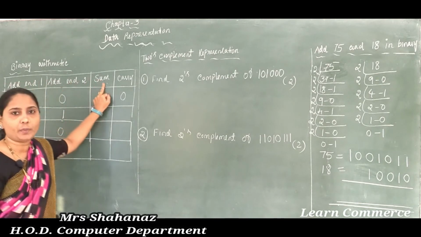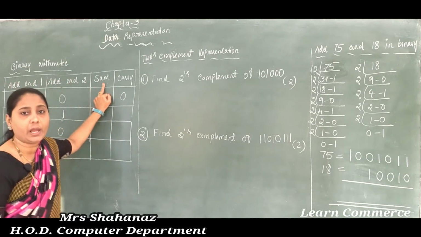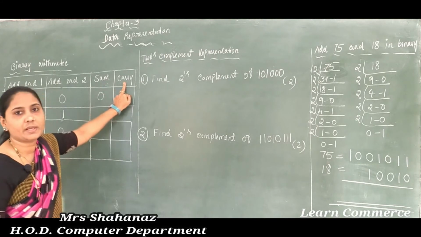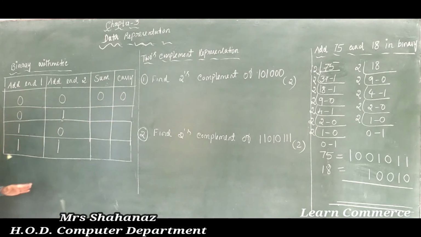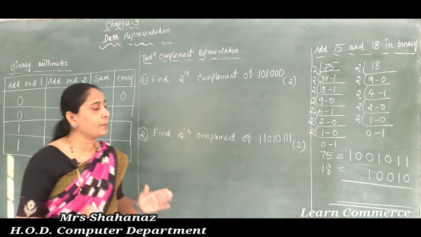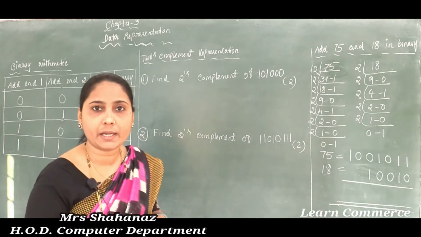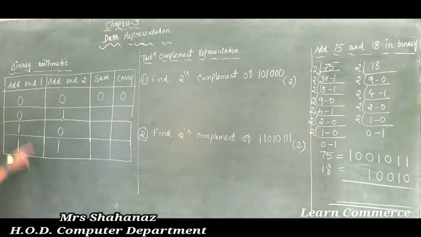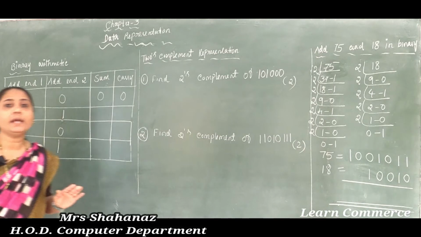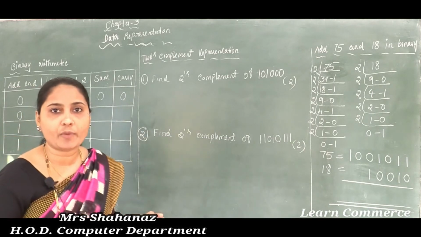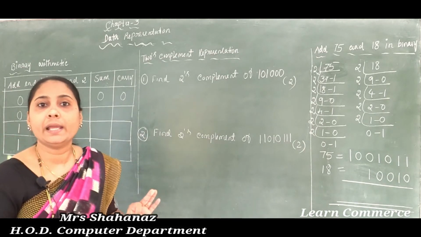The third column is the sum. And the last column is called the carry, because before making the addition of any binary numbers, we should know this table perfectly. As we know, only two values are there in our binary.